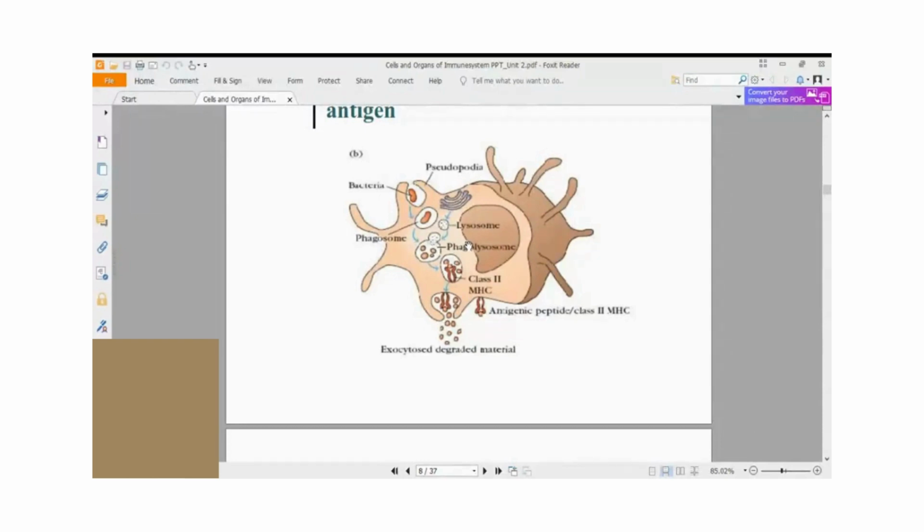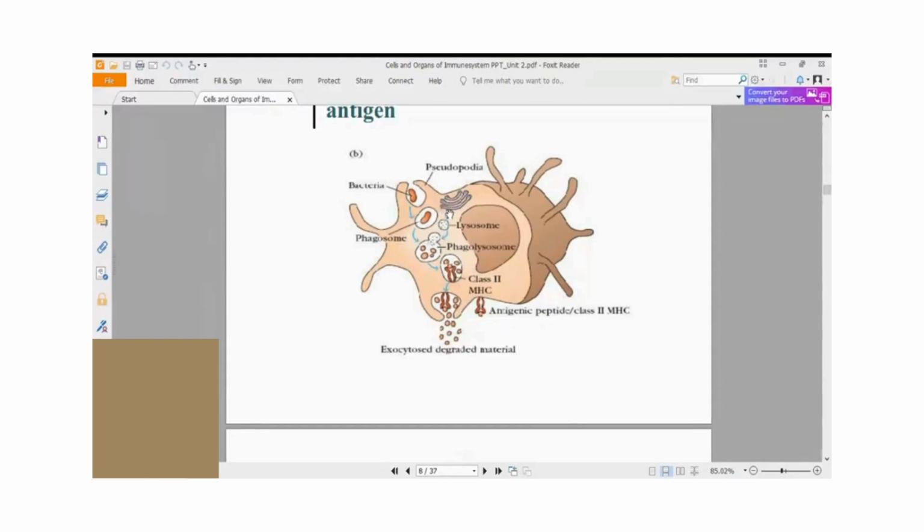And then, by chance, if some of the antigens of that bacteria are processed, like the normal cell processes other antigens, that endogenous antigen will be presented on class 1 MHC. Please remember two things. Those antigens that are produced within the cell are presented on class 1 MHC, and those which are processed from outside are presented on class 2 MHC.